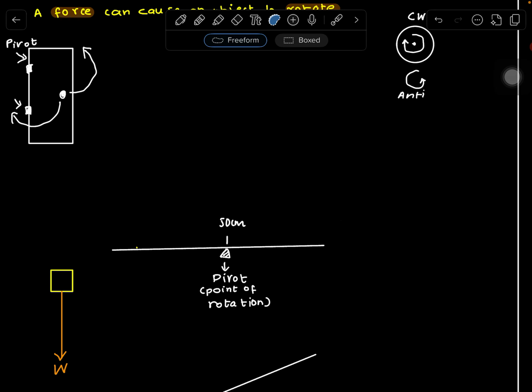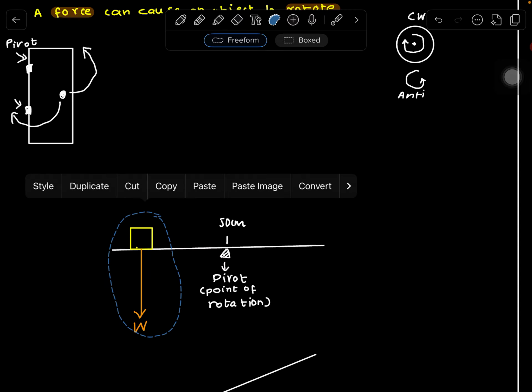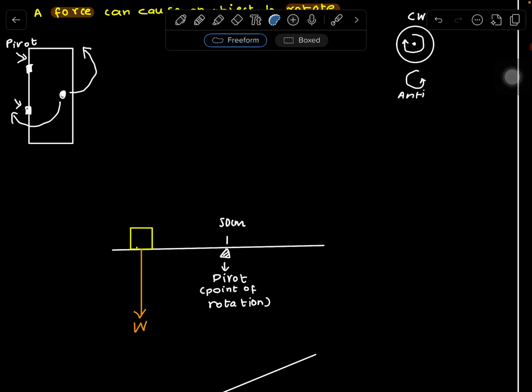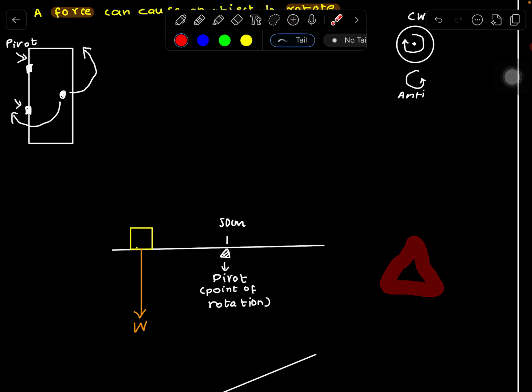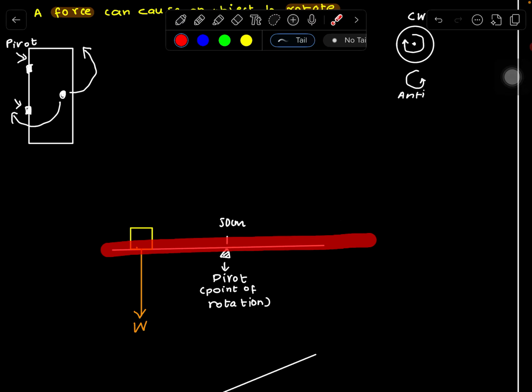Now, if you place a box on this side of the ruler, let's move past our example of the ruler. Let's say you have a little triangular object placed on the table and you place a ruler on that triangular object that's on the table.